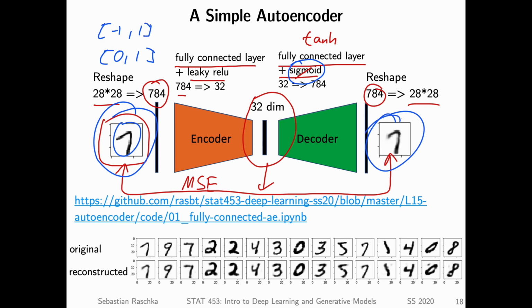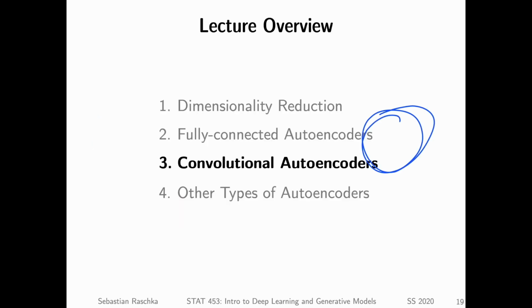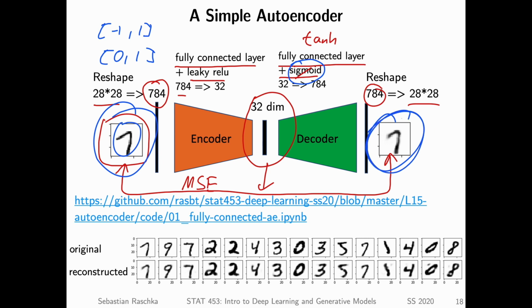Otherwise, you will have a different scale for the outputs here, and then this wouldn't really make sense. I mean, it would be problematic for the optimization. Also, I should say some people use sigmoid, and then instead of using the mean squared error, I also often see people using the binary cross entropy. That is also another approach.